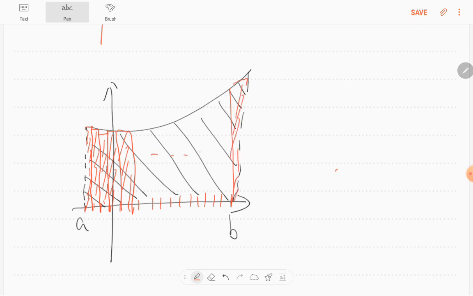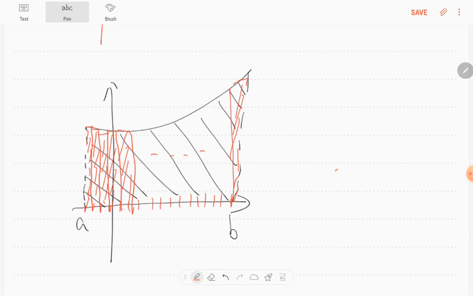I don't draw the other rectangles. So you can add them up to get an approximation, right? But this is just an approximation. How to get the exact area?